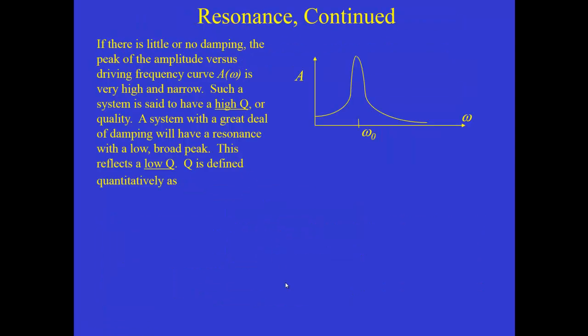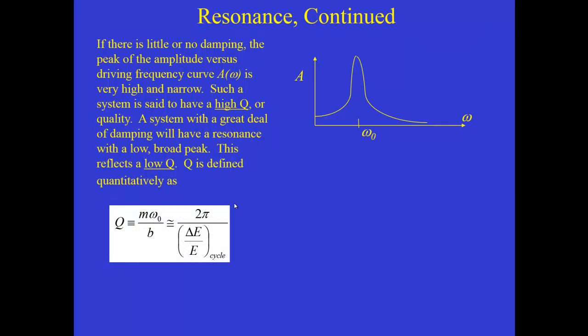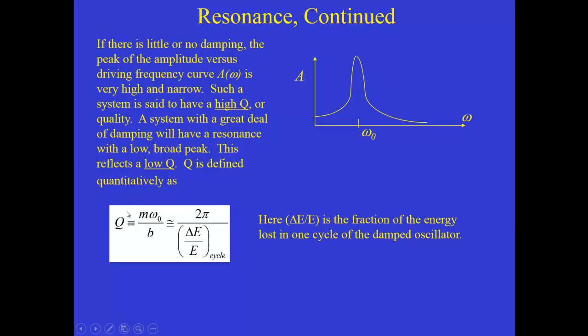So, as I said before, when you've got a system where there's not very much damping, that peak is high and very narrow. And there's a quantity called the quality of an oscillating system. A system that has very little damping is a high quality system, where Q is defined as m omega naught over b, and it's approximately equal to 2 pi divided by the fractional loss of energy of the system in one cycle.